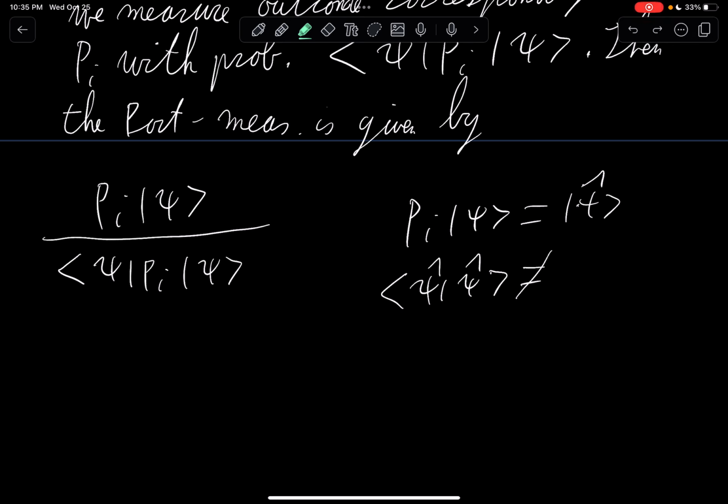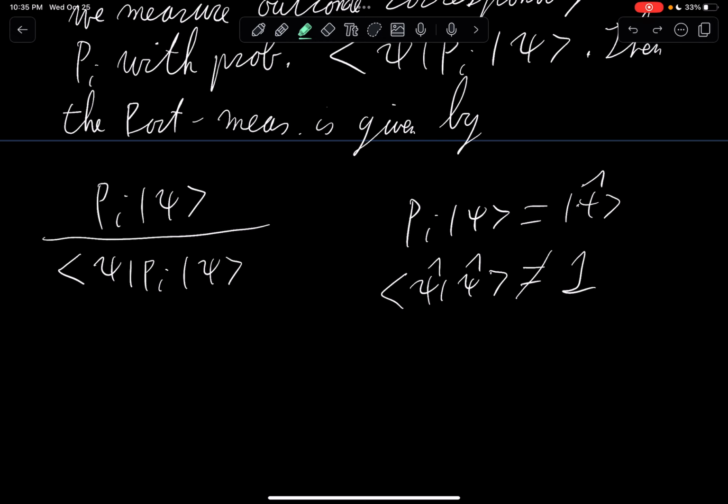And so this is very similar to the classical case. And we see that quantum mechanics is really a generalization of classical probability theory. Okay, so this describes our post-measurement state here.